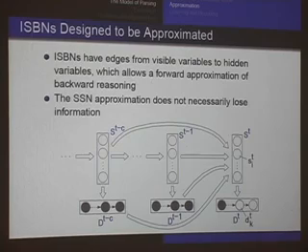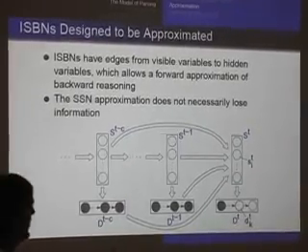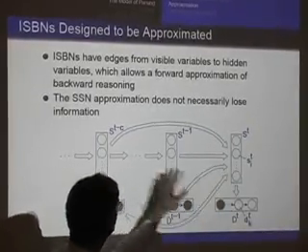Okay, so how does the neural network end up being at all reasonable as an approximation? So this is the second aspect of the model that makes it designed to be approximable. And that's these links here. In a hidden Markov model, you wouldn't have these links.